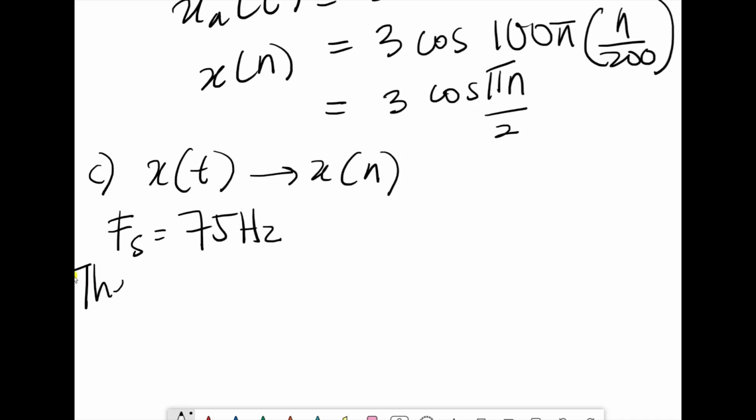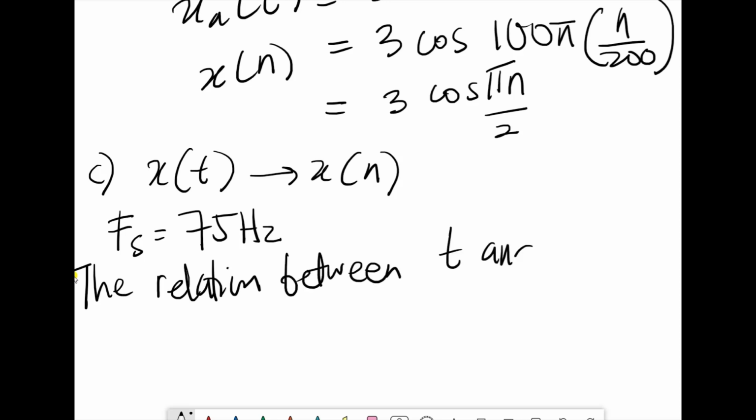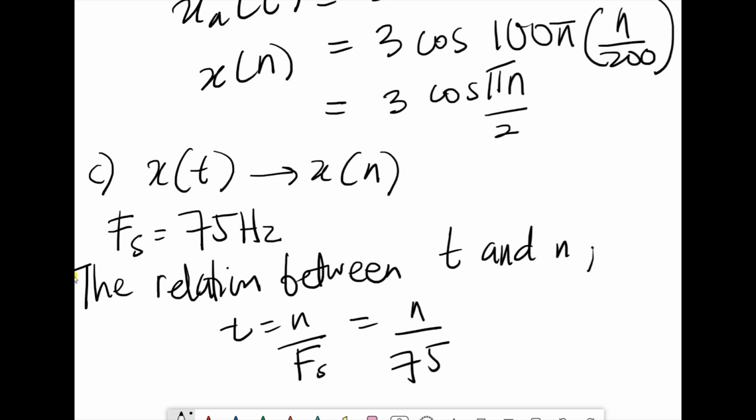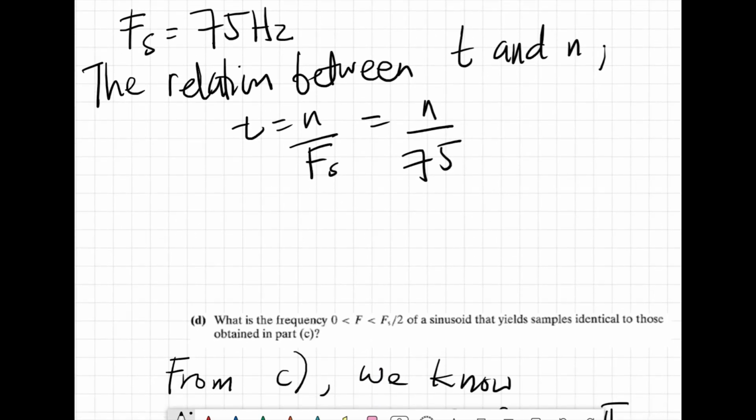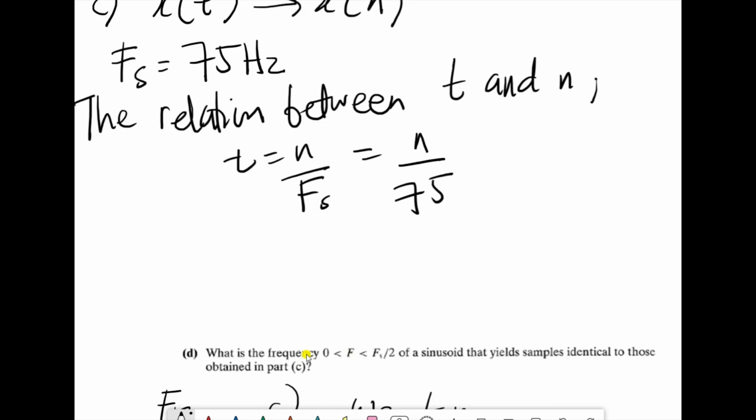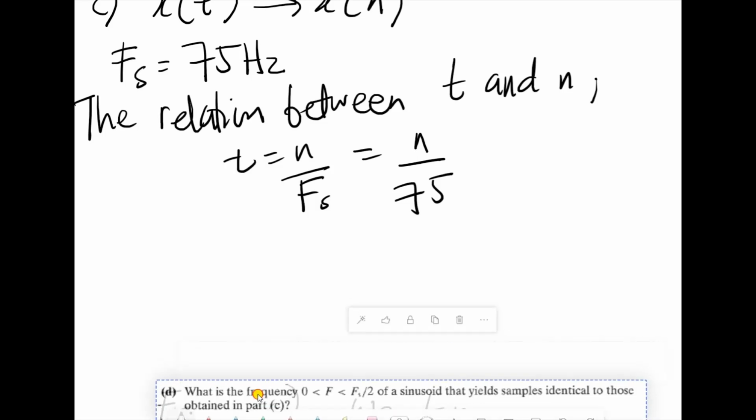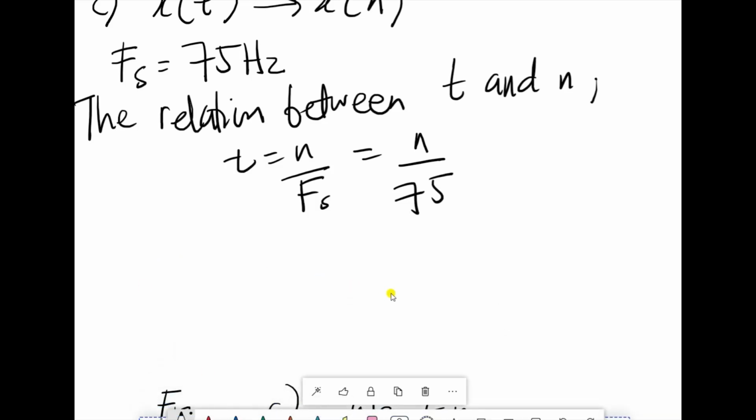The relation between t and n is given by t equals n over Fs equals n over 75. All right.